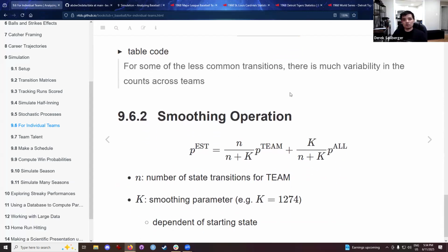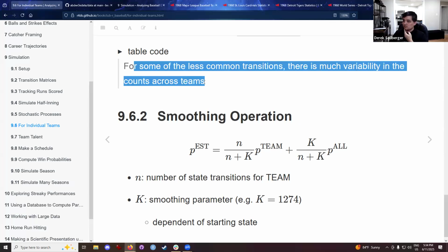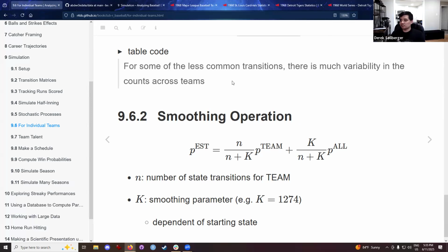So across 24 base out situations times 30 baseball teams, that is now 720 permutations. When you have 720 permutations and talk about probabilities and relatively small sample sizes, you're probably going to induce some variance that you do not want in your models. So for some of these less common transitions, there is much variability in the counts across teams.